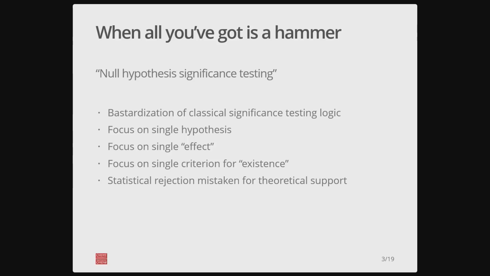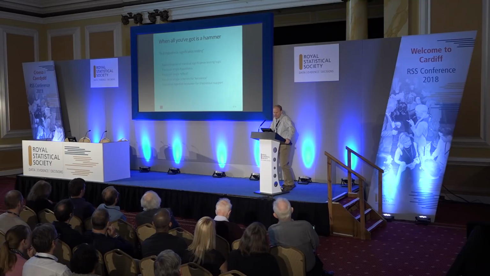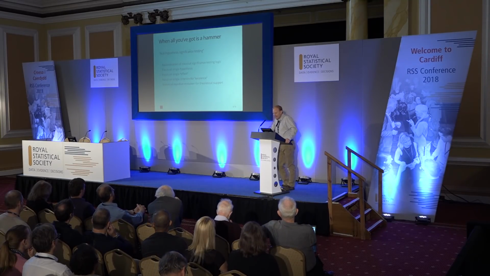That is, you don't think of the effect in a broader scientific context. You just look and see whether that p is less than 0.05, and there you have it. And as Mayo mentioned, statistical rejection is actually mistaken for theoretical support. And this is all problematic. All of it is problematic. But this is something that's distinct from significance testing.